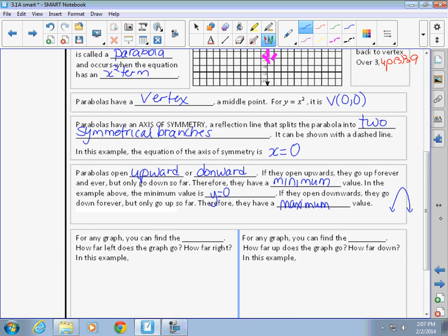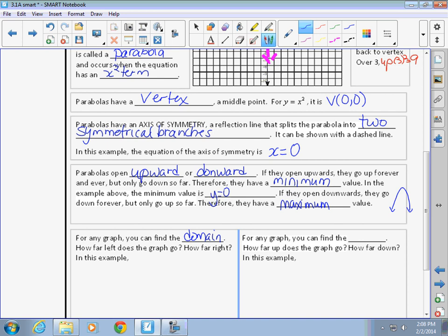For any graph, you can find the domain. How far left does the graph go and how far right does the graph go? That's what the domain is looking at. It's looking at your x's, because x's are your domain values, how far left and right do they go.